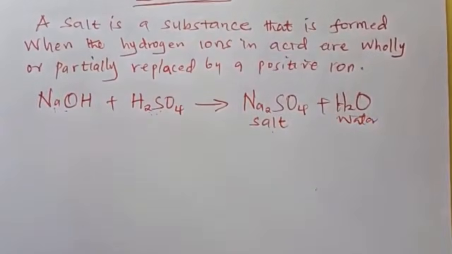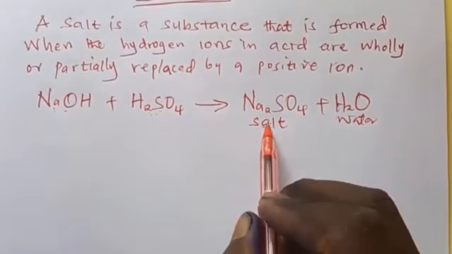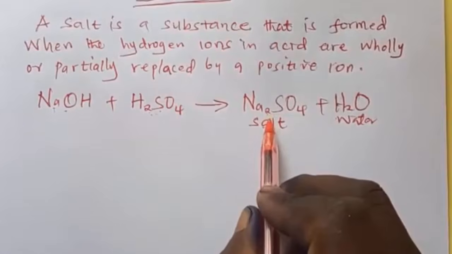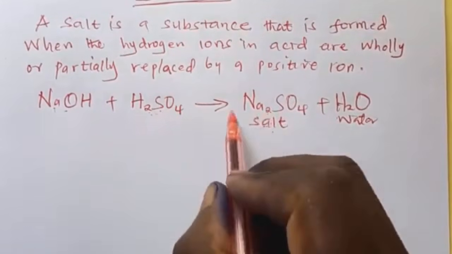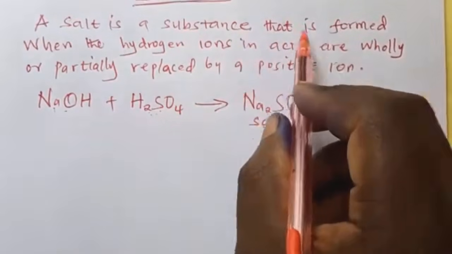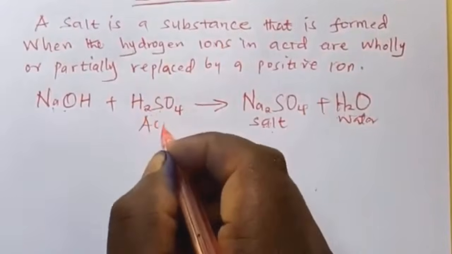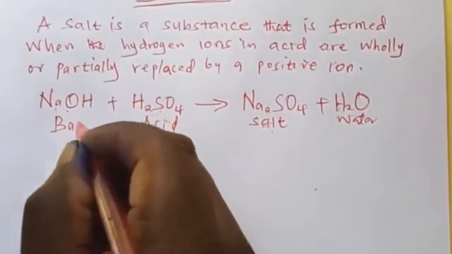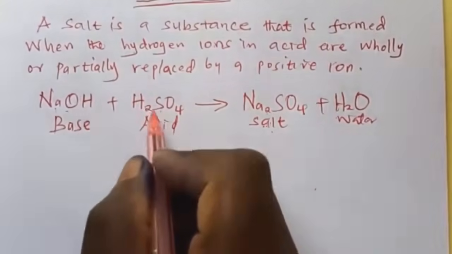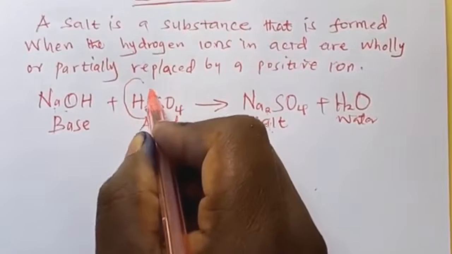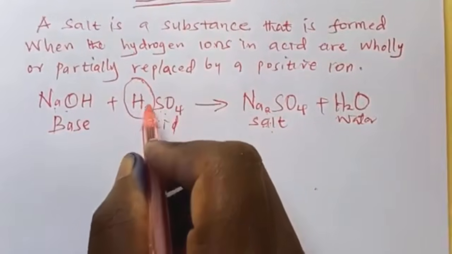Now what is a salt? A salt is a substance that is formed when the hydrogen ions in the acid, this is the acid and this is the base. Now look at this acid. The hydrogen ions in the acid have been replaced.